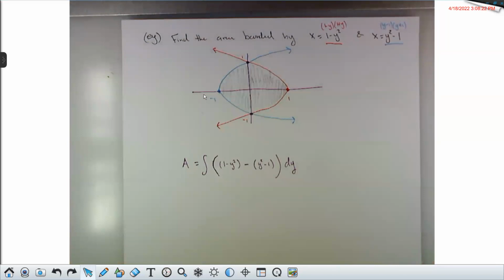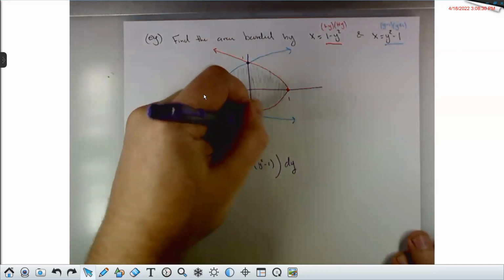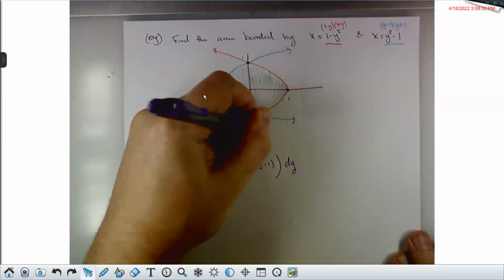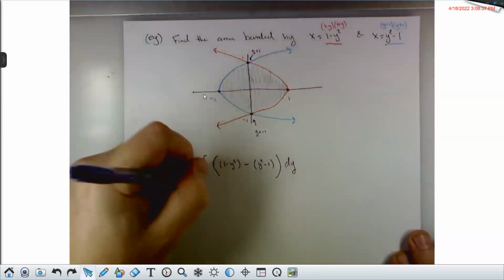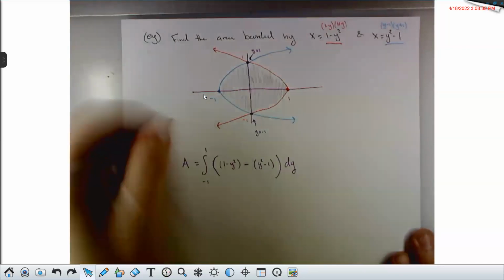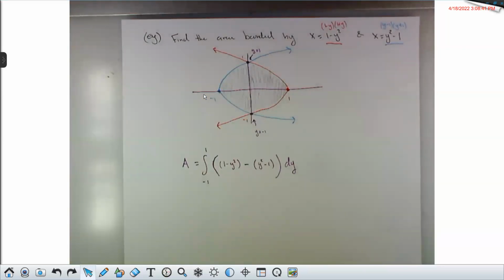And then what are my bounds of integration going to be? What's the smallest y value in this region? -1 to 1. Very good, right? Down here, this is what tells me my lower bound. Up here, this is what tells me my upper bound. So integrate from -1 to 1, 1 minus y squared minus (y squared minus 1). Again, the first parentheses isn't necessary, but do you see why the second one is?